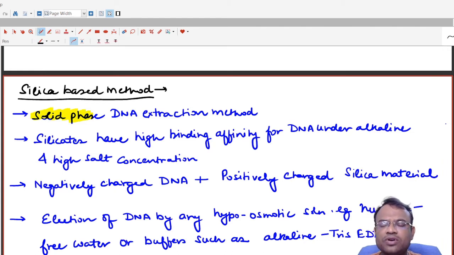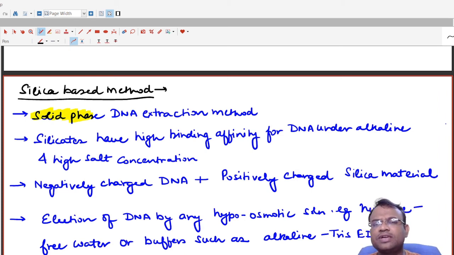Previously in the organic method, we had multiple different types of solvents acting on the DNA, but over here there is nothing but a solid phase. What is the solid phase? There is a silica tube you can use that has silicates present on it, and that is mostly in a solid form. That is why you are calling it solid phase DNA extraction.